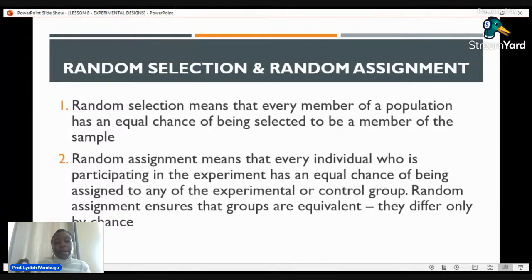And random assignment means that every individual participating in the experiment has an equal chance of being assigned to either experimental or control.